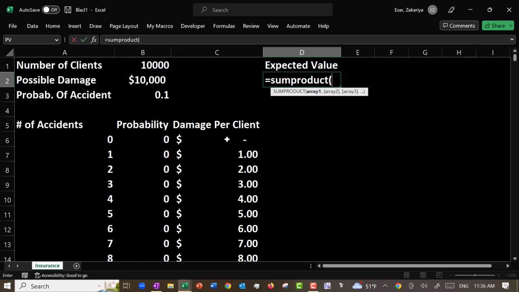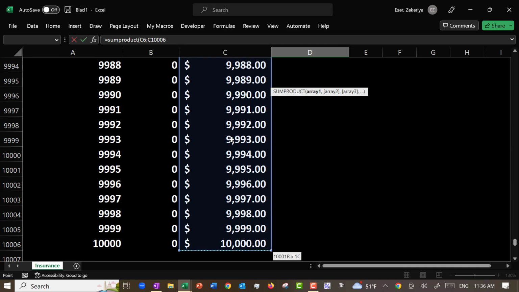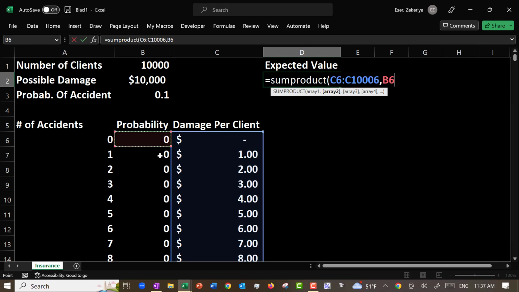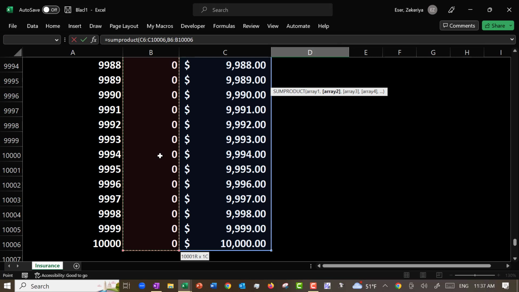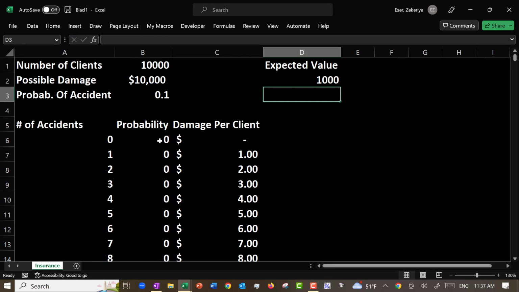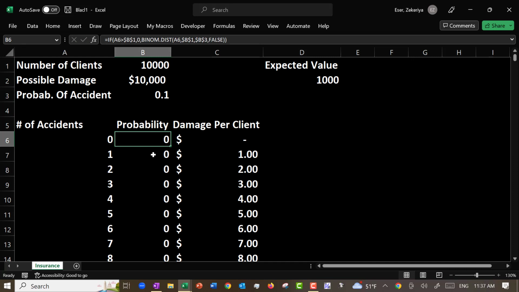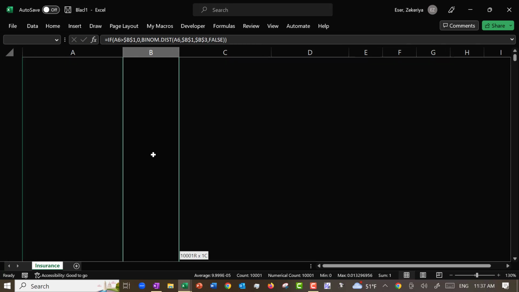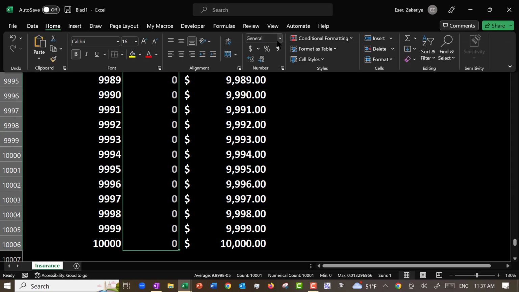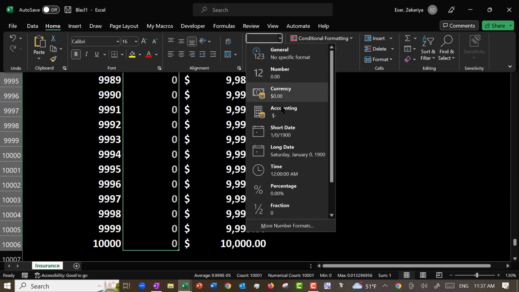Take the damages and multiply them with the probability of getting those. By the way, these are not all zeros. Let's make these general.